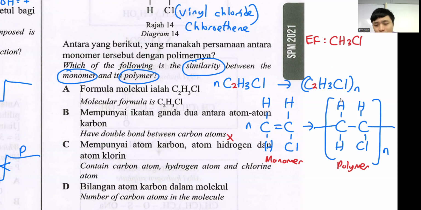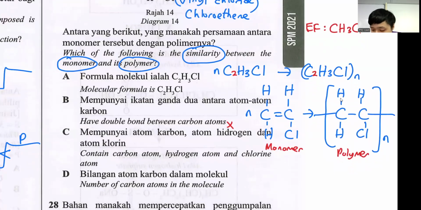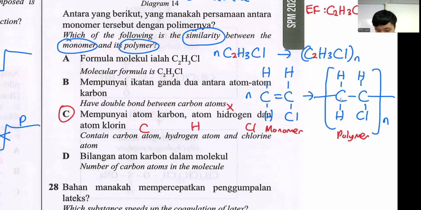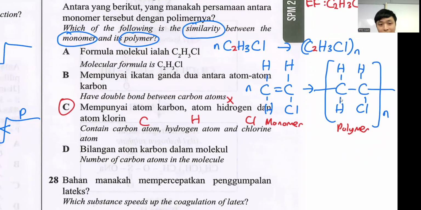But you cannot assume the molecular formula is also C2H3Cl; the amount of carbon can be 100, n times, don't know how many. Empirical, yes, C2H3Cl. Both have carbon, hydrogen, chlorine. Correct, C. Number of carbon atoms in the molecule: you cannot assume monomer is 2, polymer is also 2. Cannot.